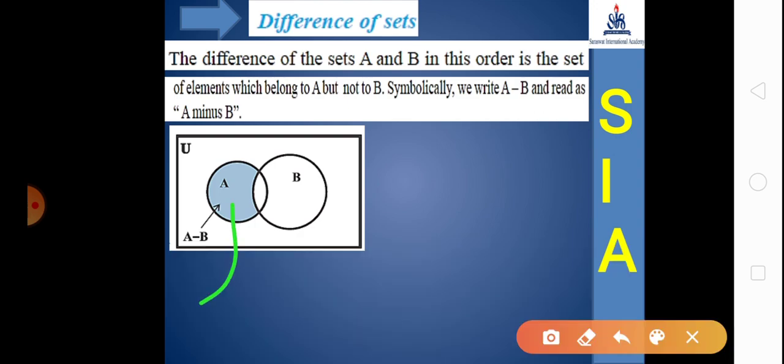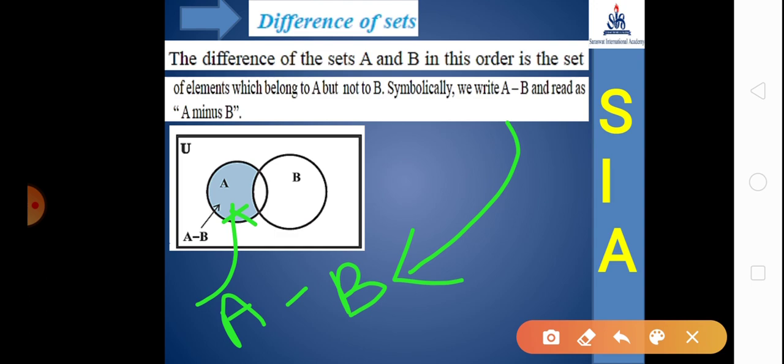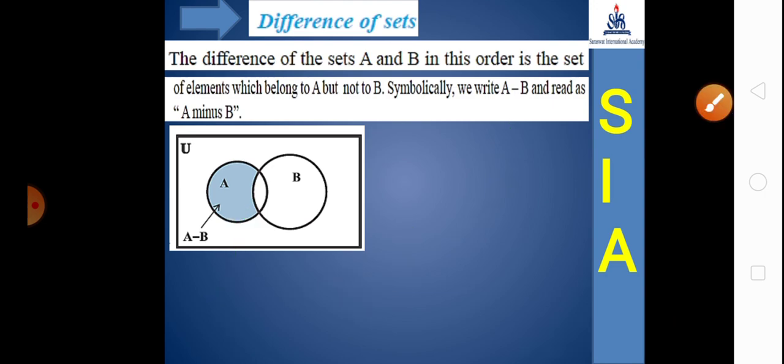Only this blue colored region is called your A minus B. It means set B subtracted from set A is called A minus B. Again I repeat, from set A subtract set B is called A minus B. Similarly, if you get B minus A, then from B subtract set A.